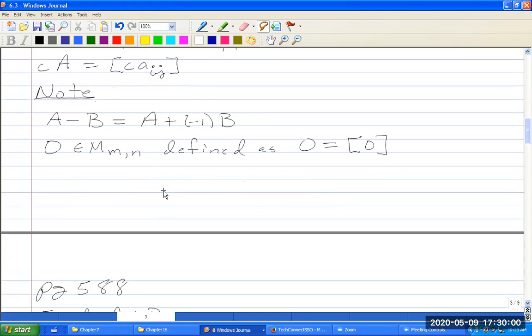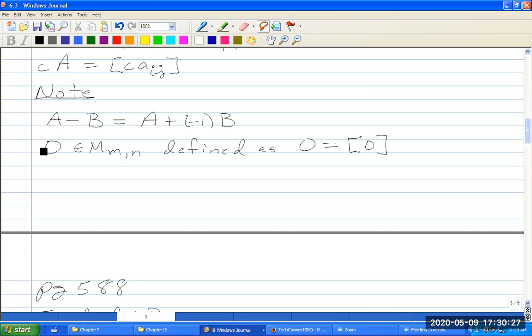Notation. The matrix A minus the matrix B is just equal to A plus the scalar multiple -1 times the matrix B. Of course, I'm assuming here that A and B have the same dimensions, so I can add them.